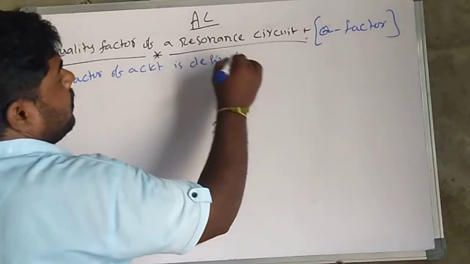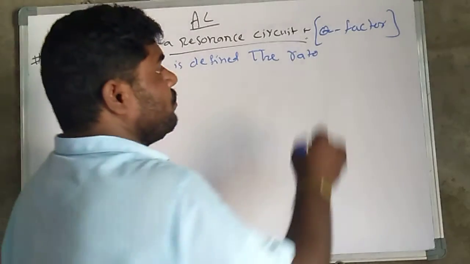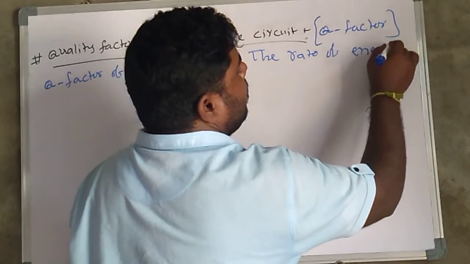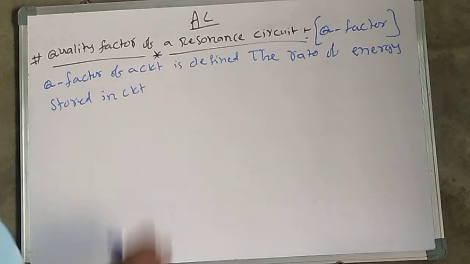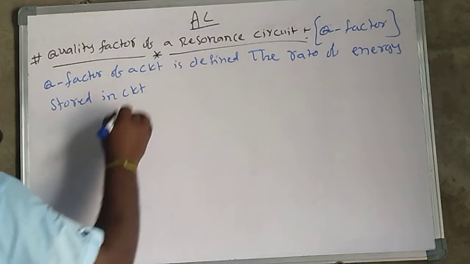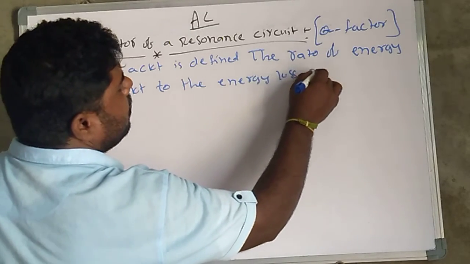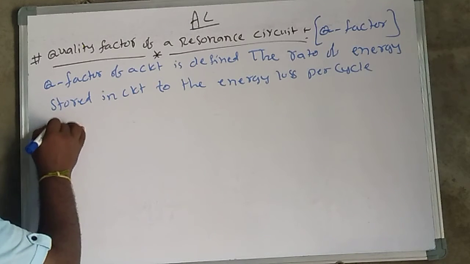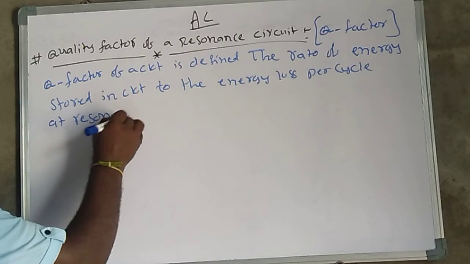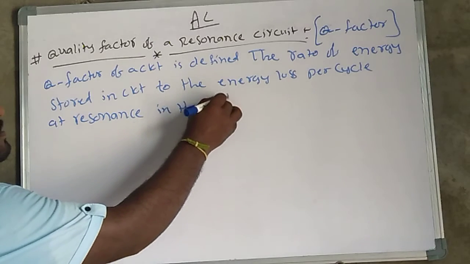So the ratio of energy stored in the circuit to the energy loss per cycle at resonance in the circuit.